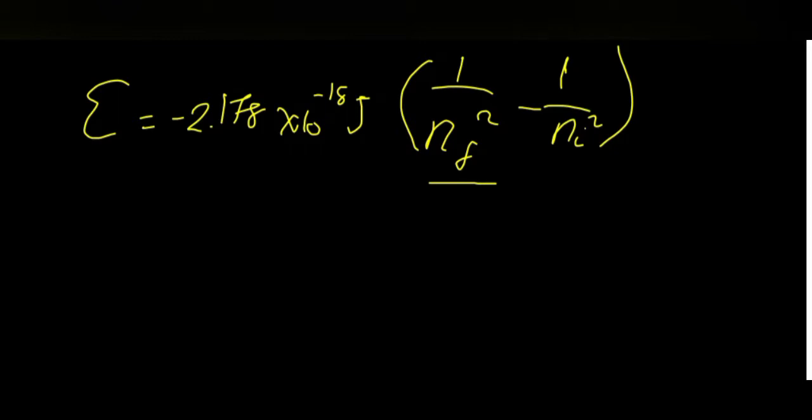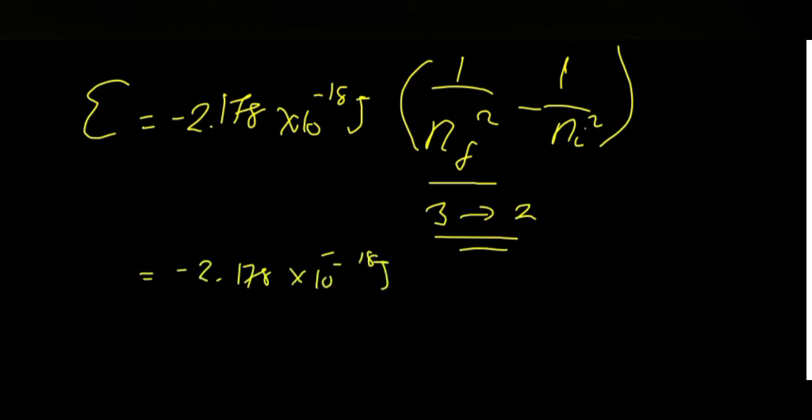Imagine an electron moves from the third energy level to the second energy level. What will be the change in energy? That will simply be negative 2.178 times 10 to the power negative 18 joules, and then 1 over n final squared, it is going to the second energy level, so that is 2 squared, minus 1 over n initial squared, it is coming from the third energy level.